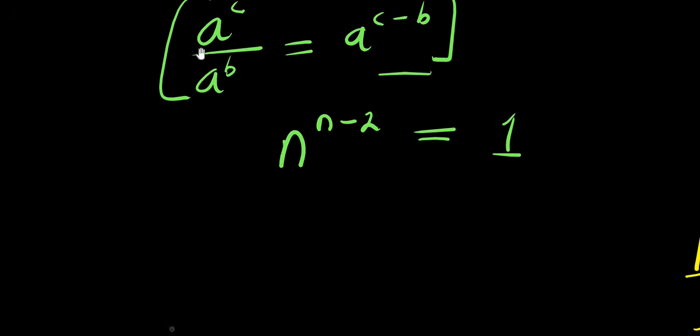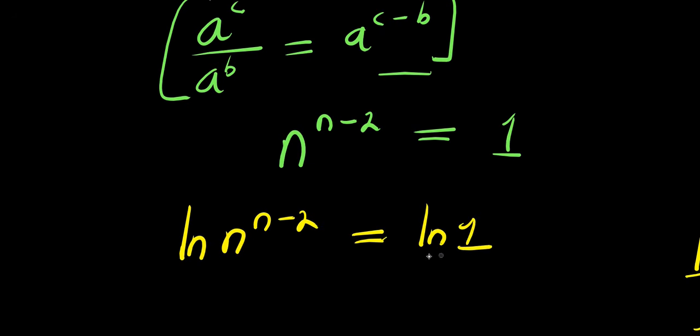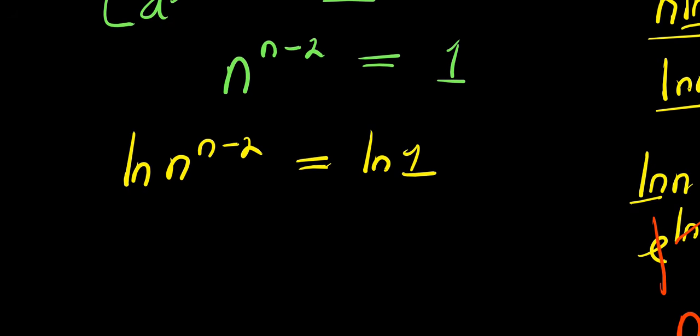Now, at this point, I can apply the natural log again. I have natural log of n power n minus 2 equals natural log of 1. So what we are going to do will be to apply this identity again. Remember, natural log of a power c equals c times natural log of a.